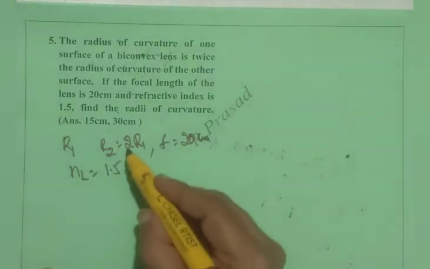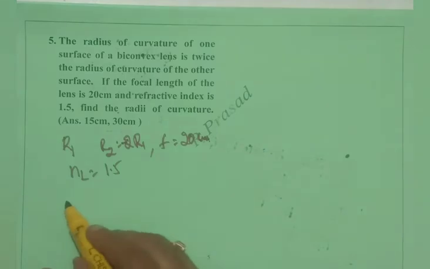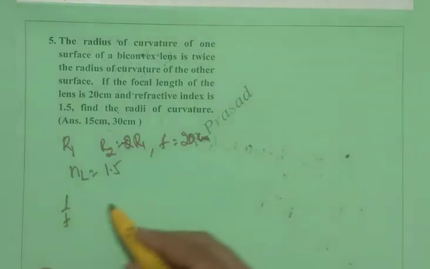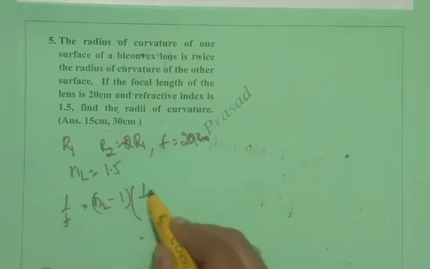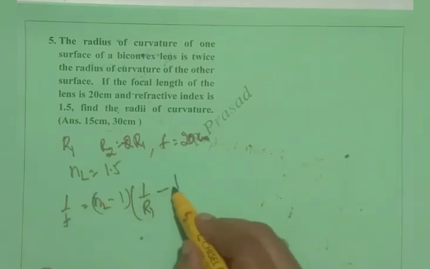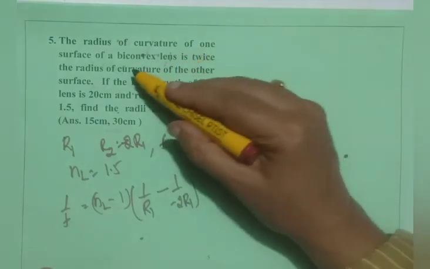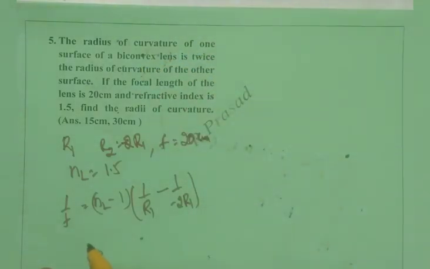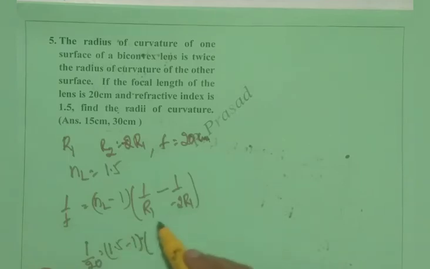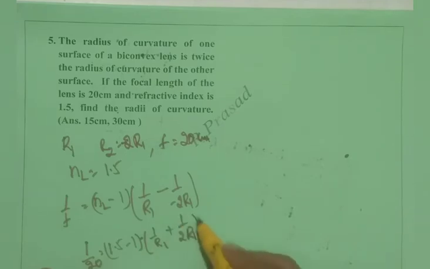We substitute everything there, with R2 taking the minus sign. So 1 by f equals NL minus 1 into 1 by R1 minus 1 by minus 2R1, because it is twice the radius of curvature. So 1 by 20 equals 1.5 minus 1, into 1 by R1 plus 1 by 2R1.